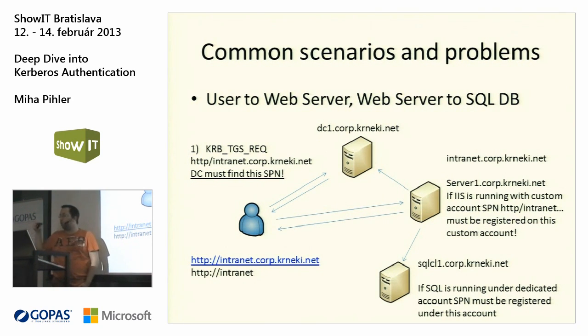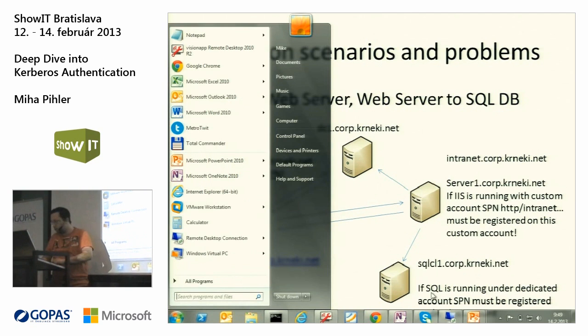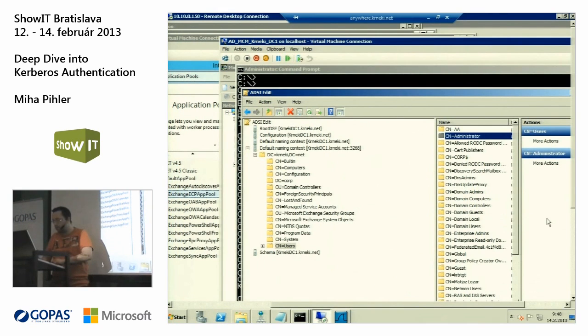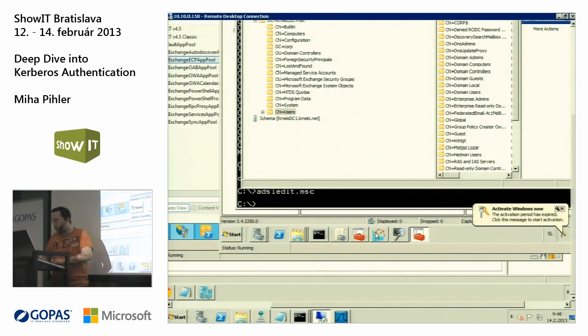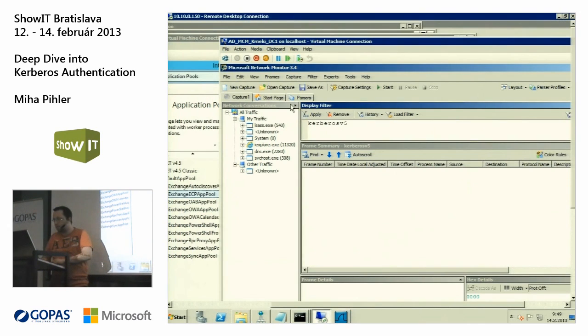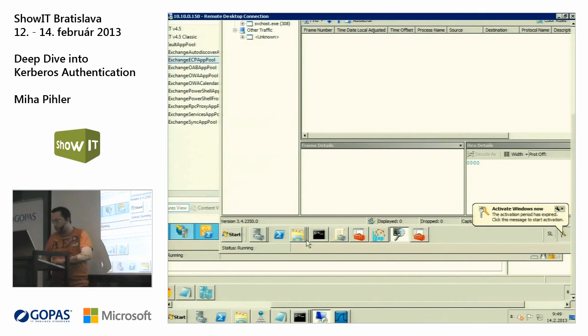Because here I will very commonly find that the right SPNs are not registered on the right objects, or SPNs are completely missing. And the easiest way for me to find out without going to the code is to just install Network Monitor and see what this user is sending. And you will see that as we saw in the first part of this presentation. You will see that as, let's say, not here. Let's try another one.